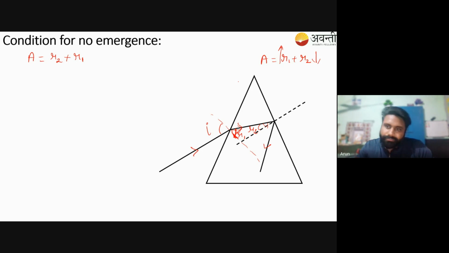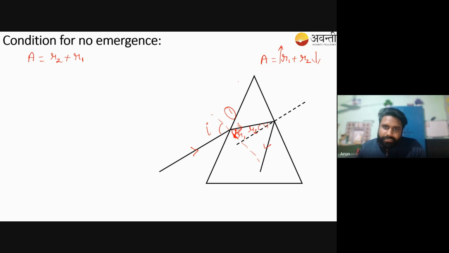It is a must. Got it? Up to what point can you increase R1? You can have R1 as theta c, because if R1 exceeds theta c, total internal reflection will take place on this first boundary also.